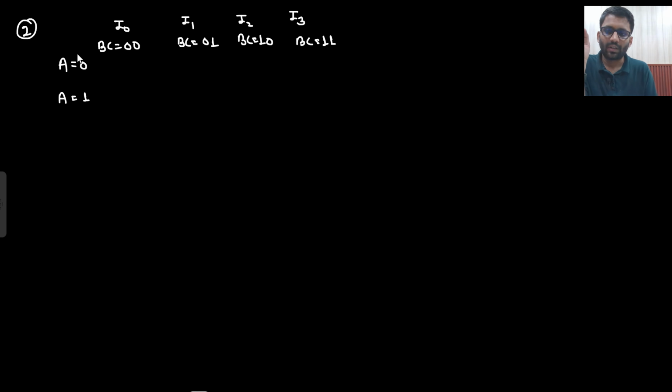Now, 000. 100: this is A is 1, B and C are 0, so this is 4. Now A is 0, B is 0, C is 1, so this would be 1. What about this one?